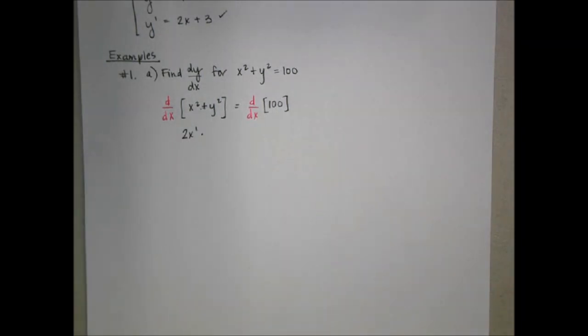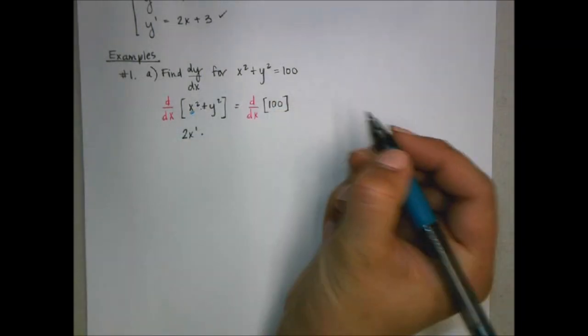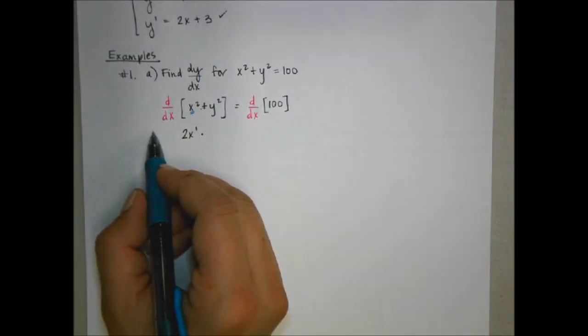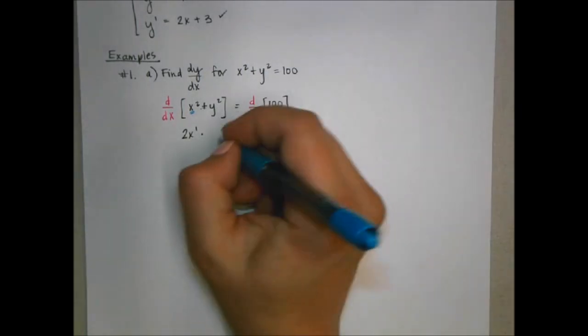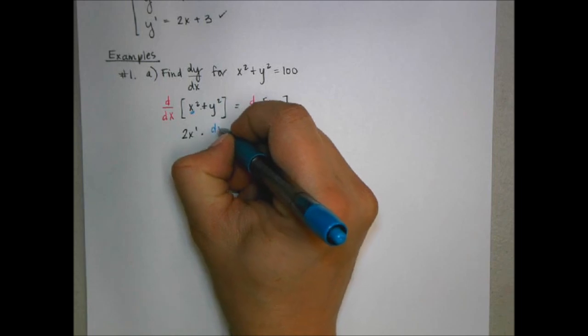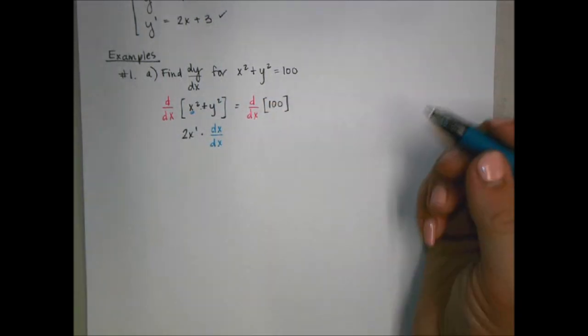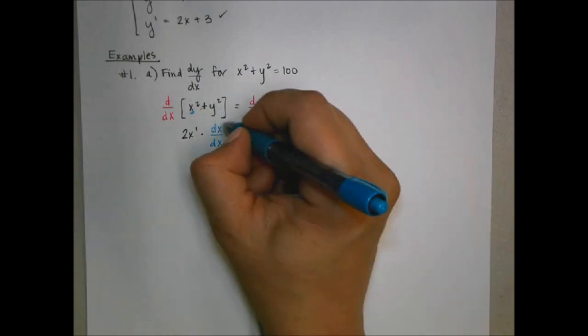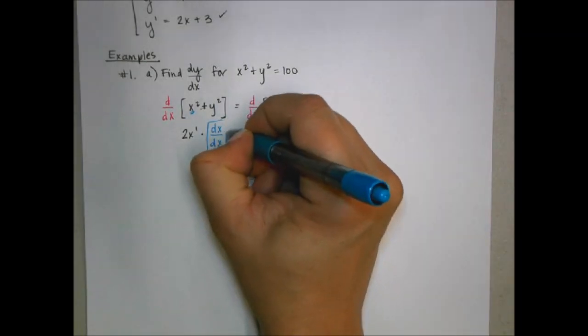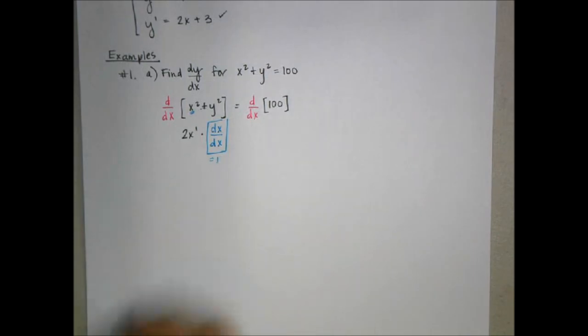So the derivative of x with respect to x, we know it's just 1, but it's because we're taking the derivative of x with respect to x. So it's dx/dx. And this is what simplifies to 1. That's how we get that. Okay. We move on to the next term, and you'll see why this makes sense.